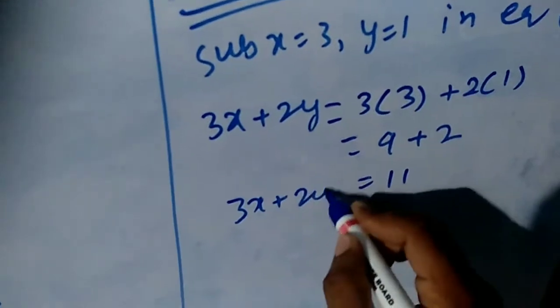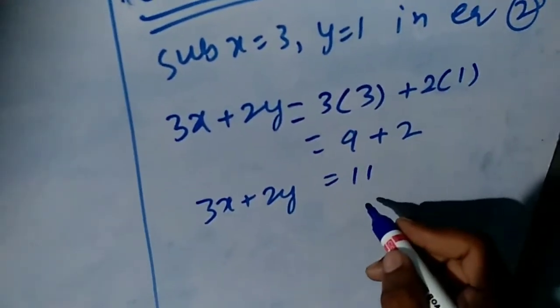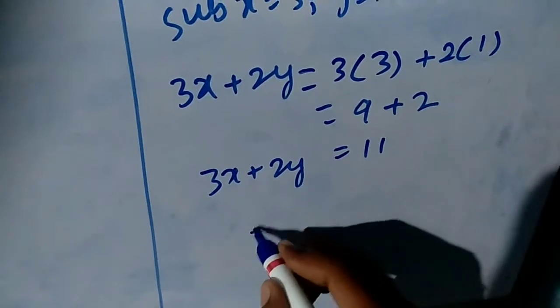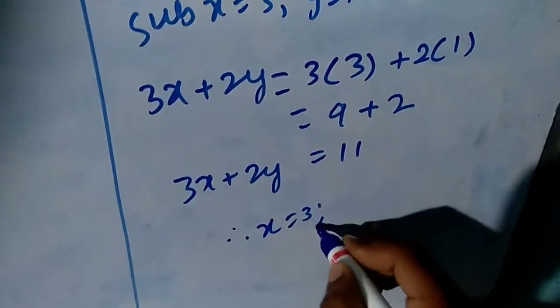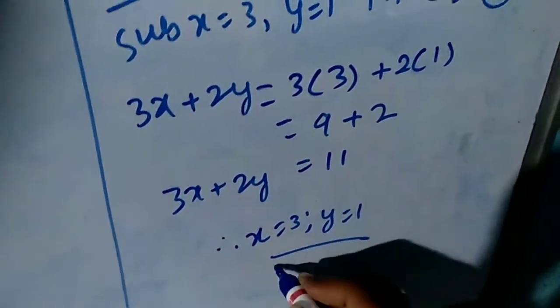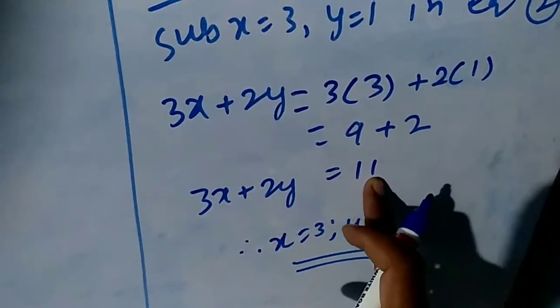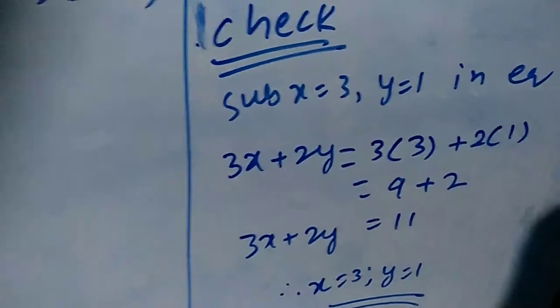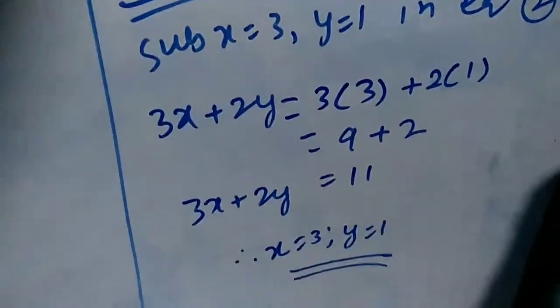So we got 3x plus 2y is equal to 11. So these values are correct. That means x is equal to 3, y is equal to 1. Here, if you do not get 11, it means you made a mistake in the simplifying process.